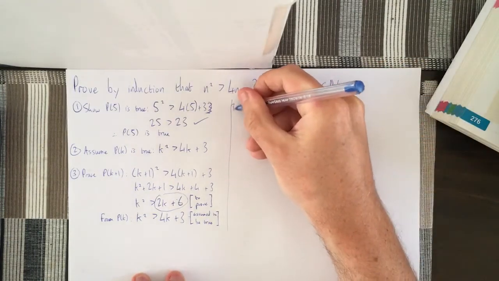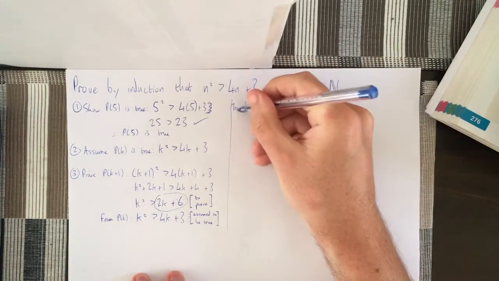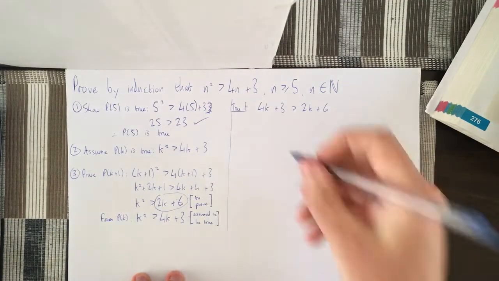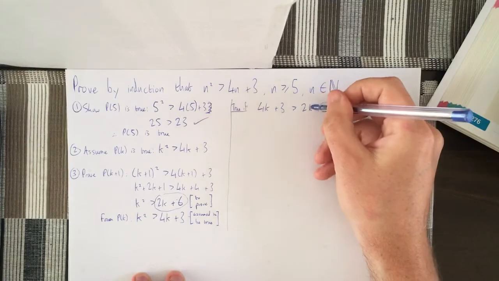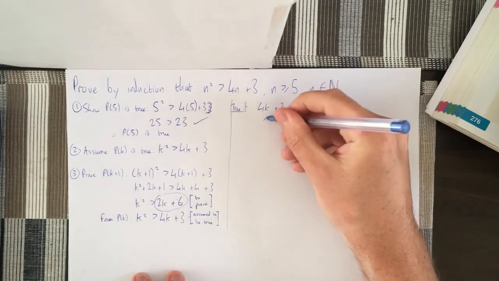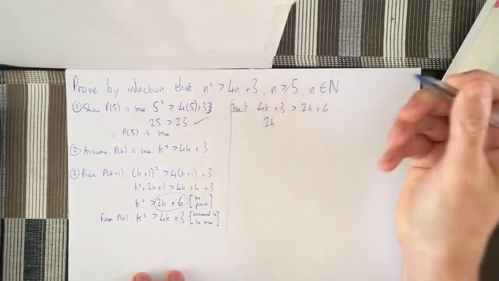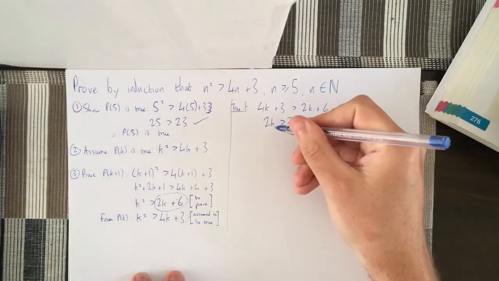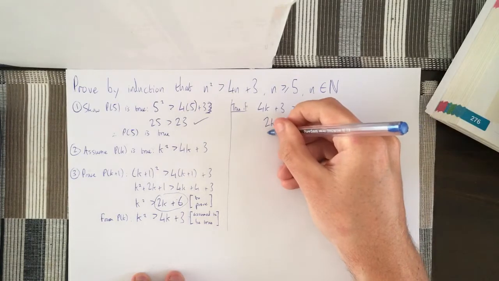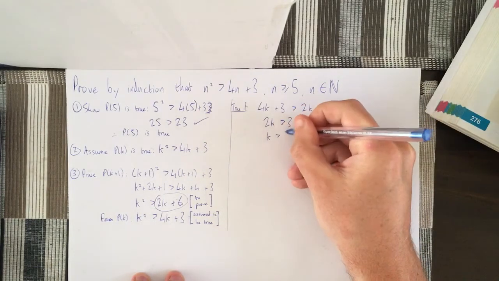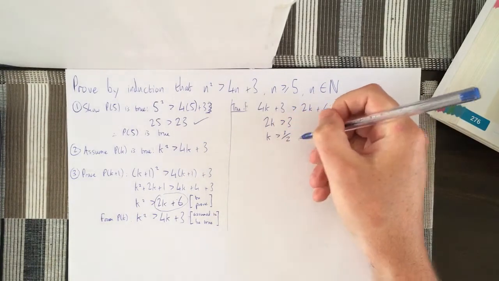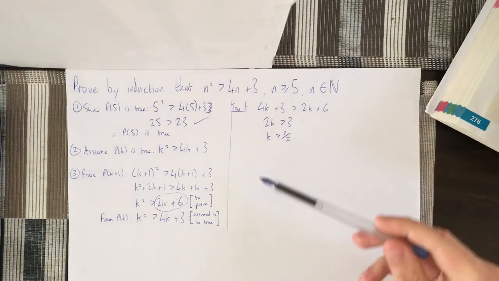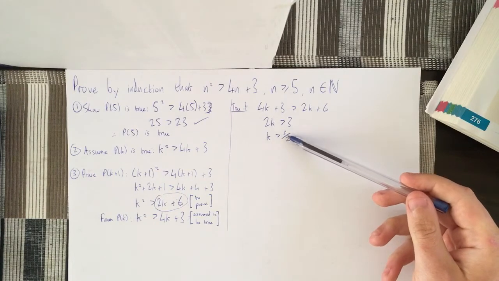So true if k is to one side, so bring that 2k over, 4k minus 2k is 2k. Bring the 3 over, 6 minus 3 is 3. So 2k is greater than 3, divide both sides by 2. k is greater than 3 over 2. Okay, so this is true for k greater than 3 over 2.